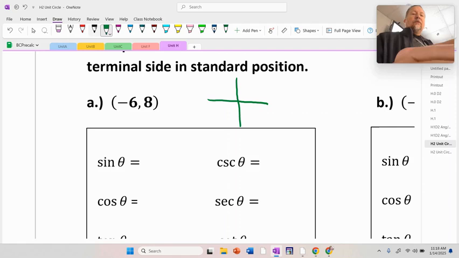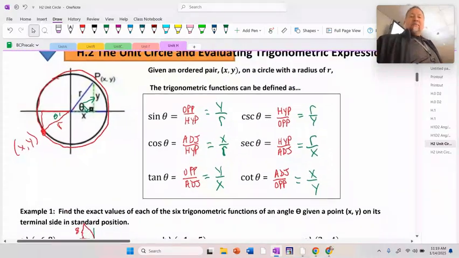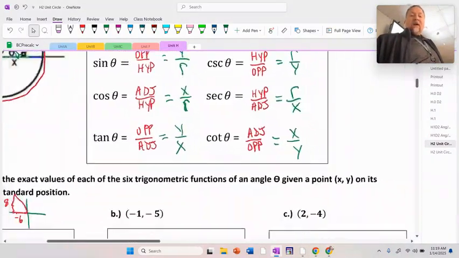Right, but really, what you need to do is understand what quadrant you're in. So I go left 6, up 8, and then you snap back to the origin. By the way, x and y could be negative. R is always positive.